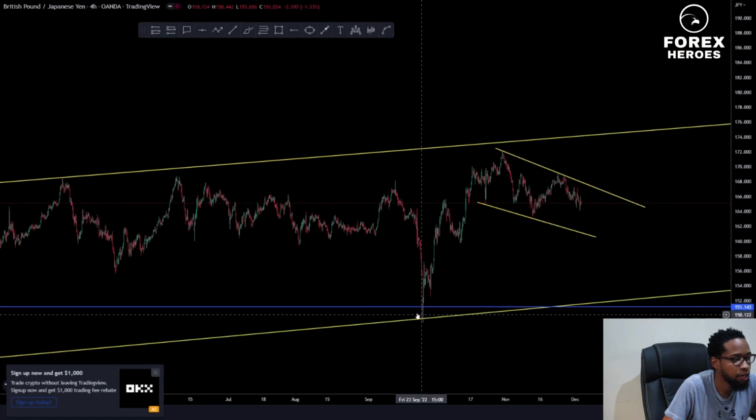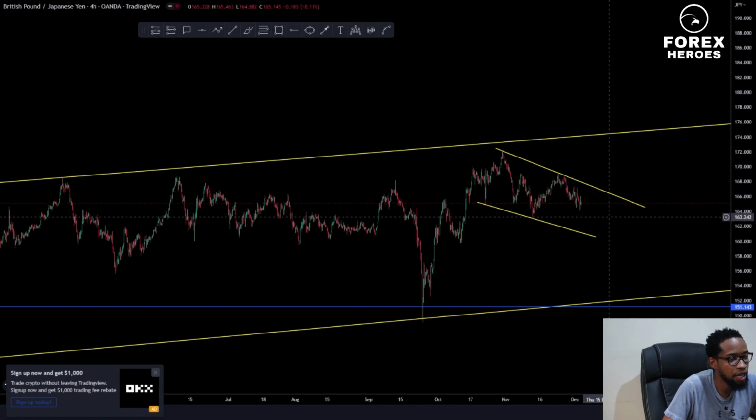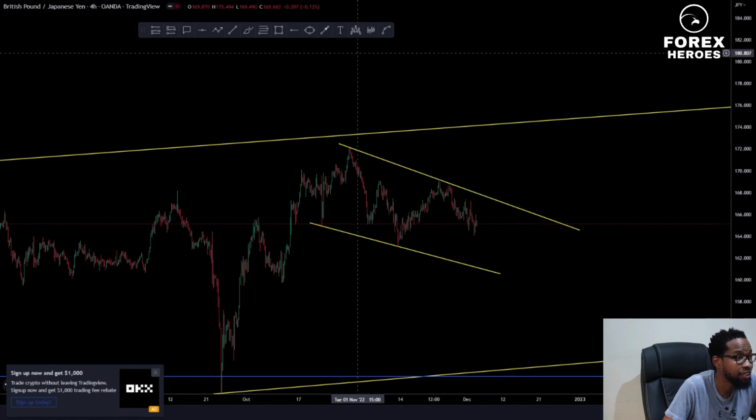What did we have here? Impulse, correction, impulse, correction. This is a bigger correction. So we are on a bigger correction on daily.